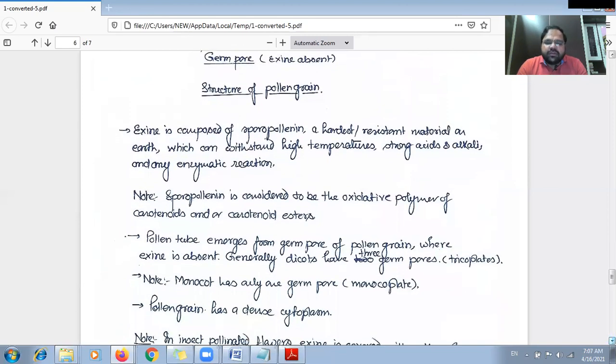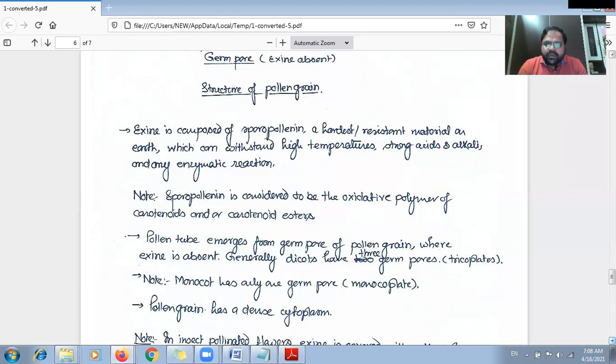Exine is composed of sporopollenin, as I told before. It is the hardest, most resistant material on earth, which can withstand high temperature, strong acid, alkali, and any enzymatic reaction.